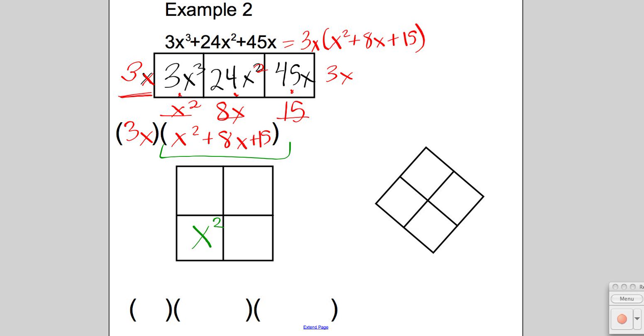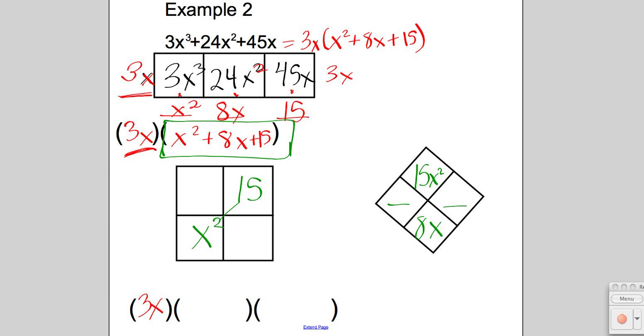This should have been 15, not 5. So this is going to be 15. And then the 8x, of course, goes in my diamond problem. So that 3x that was here is just going to copy, and it's going to be part of my final solution, but it has nothing to do with the rest of this factoring, because we're only factoring what's in this green box here.